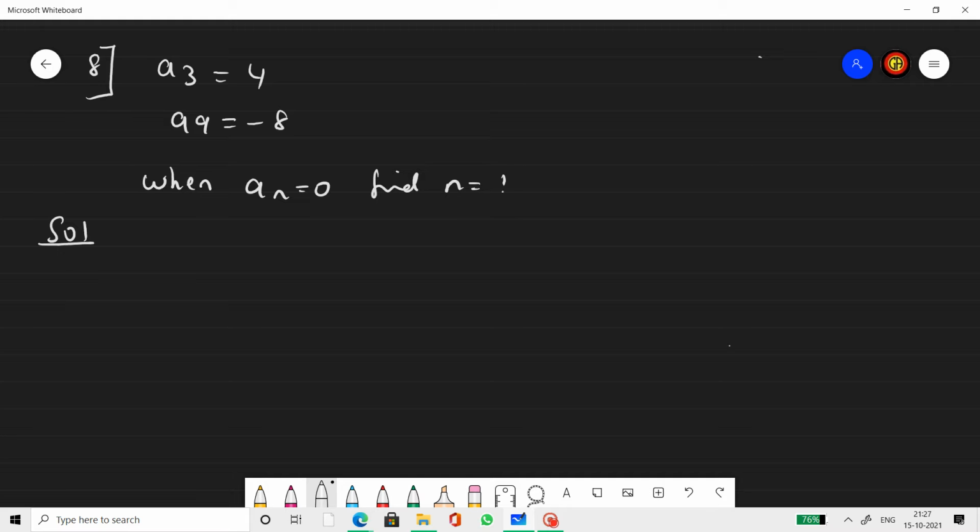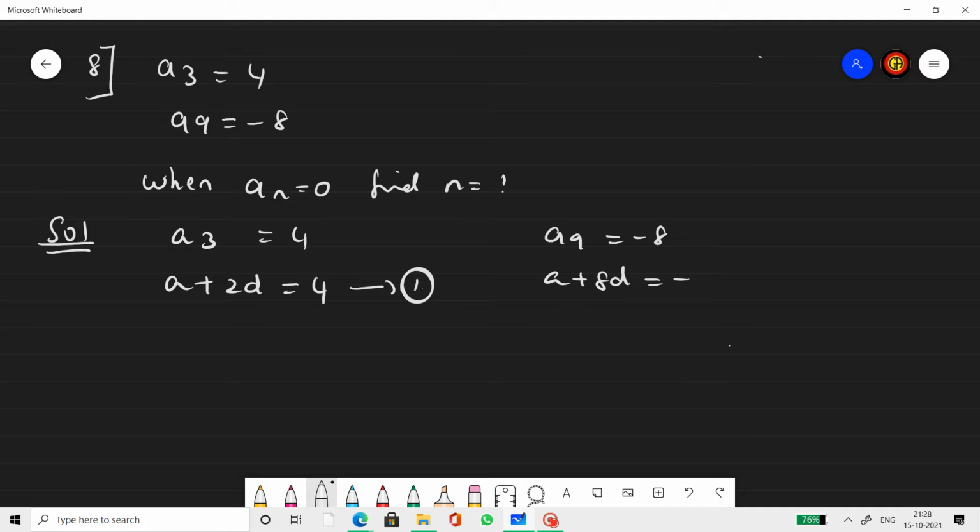So which means A3 equals 4, A plus 2D equals 4. Equation number 1. A9 equals minus 8. So A plus 8D equals minus 8. Equation 2. Solve 1 and 2. So A plus 2D equals 4.